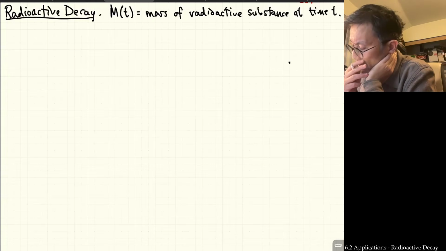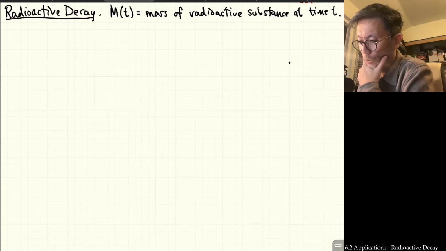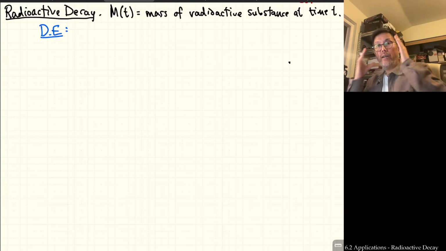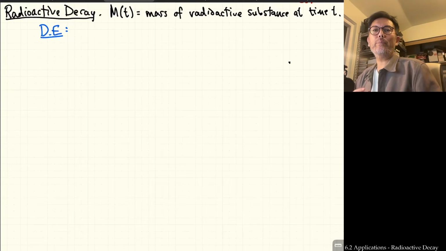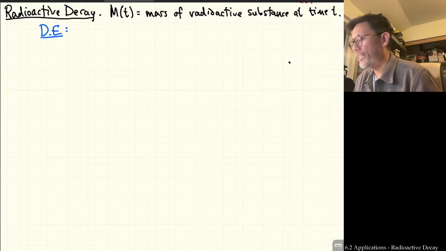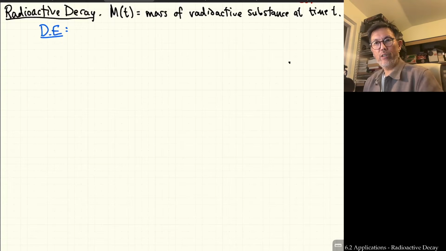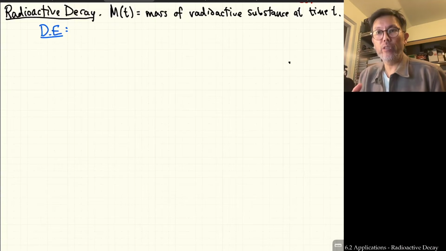Then there is a differential equation that we can write down for this. The differential equation is very much like the exponential growth equation, except here it's going to be an exponential decay equation. And the underlying assumption is that the rate at which this substance is radioactively decaying is proportional to the amount present.